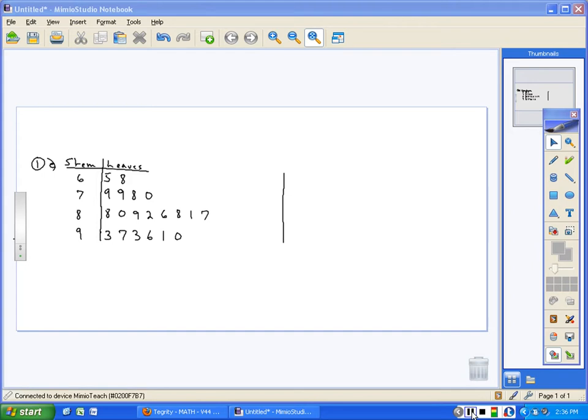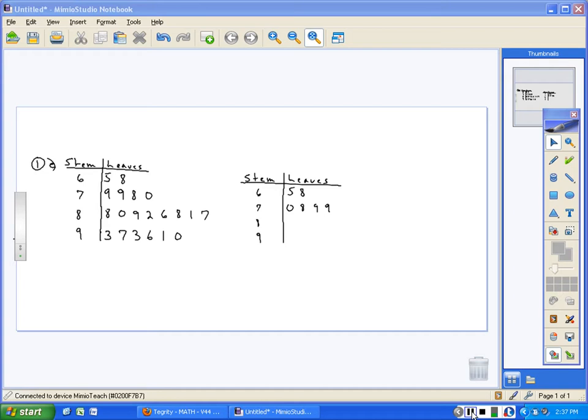The final copy is going to put the numbers in order. Stem and leaves, we've got 6, 7, 8, and 9. The 60s already are in order, a 5 and an 8. The 70s would be 0, 8, 9, 9.